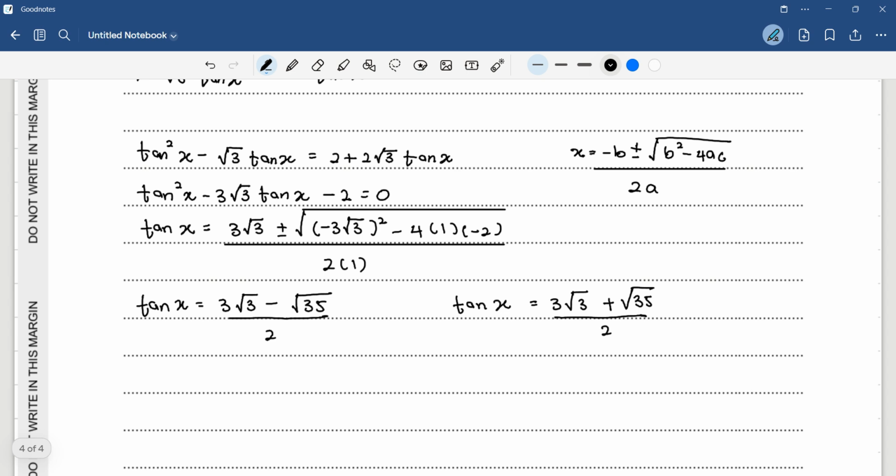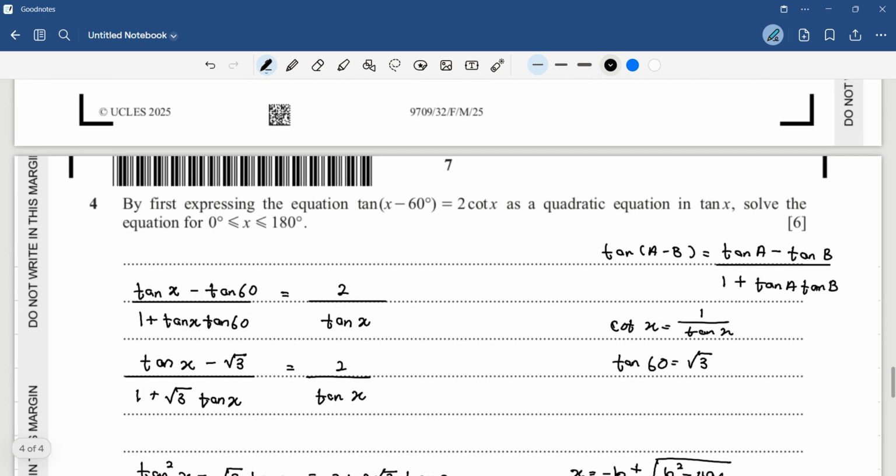So for the first, your tan x will be a negative number, 3 sqrt 3 minus sqrt 35 divided by 2, which is negative 0.35997, and for the other tan x will be 5.5561.